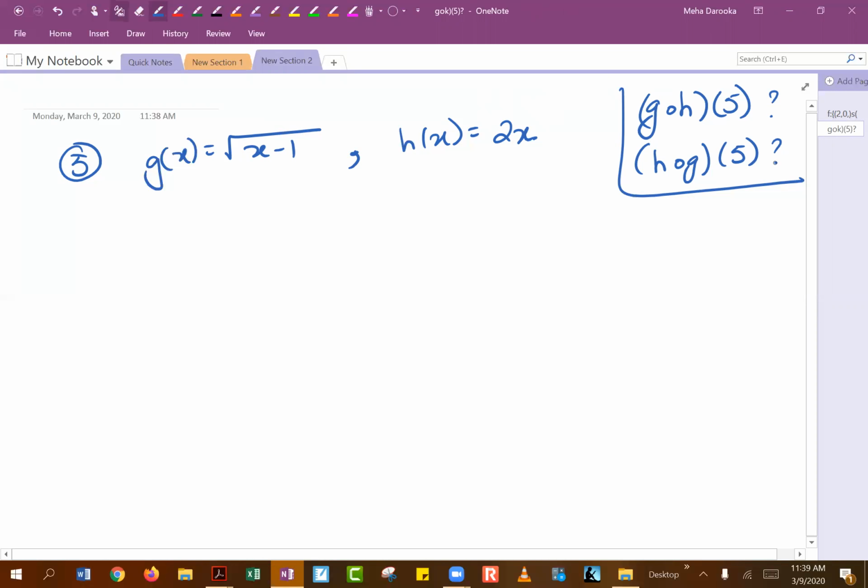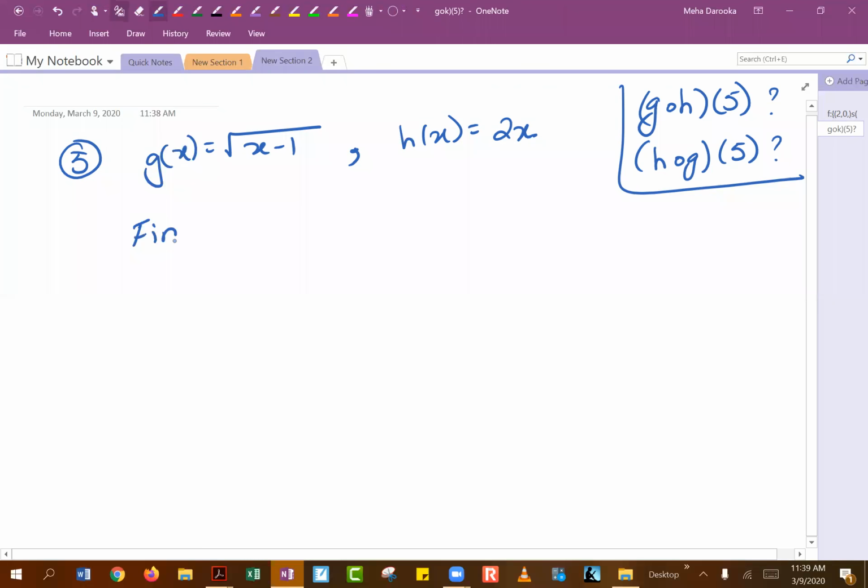They want this in the generic way, not specifically at a number. So let's say they asked us to find G of H and H of G. They didn't give us the 5, and we'll come back to that 5 at the end. So let's go with the first one.